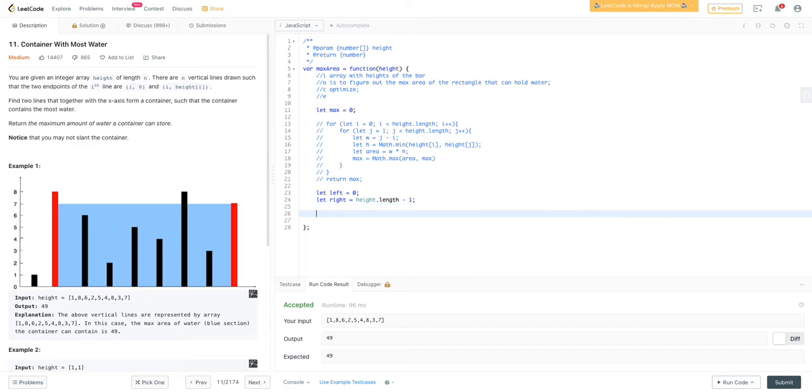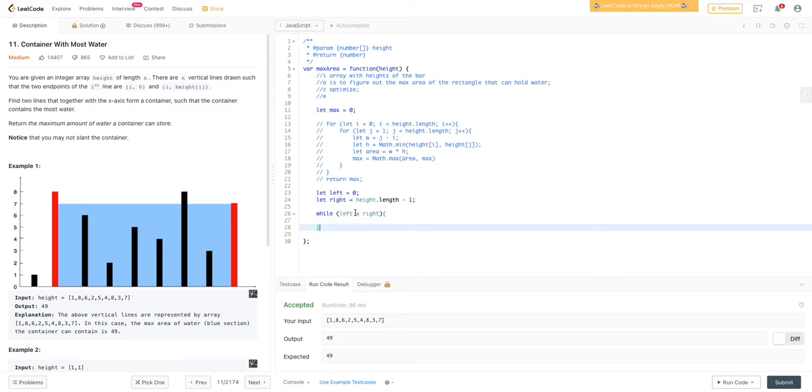Okay, so in this case, we'll make a while loop: left is smaller than the right. So we want to keep going through this loop while the left is smaller than the right.